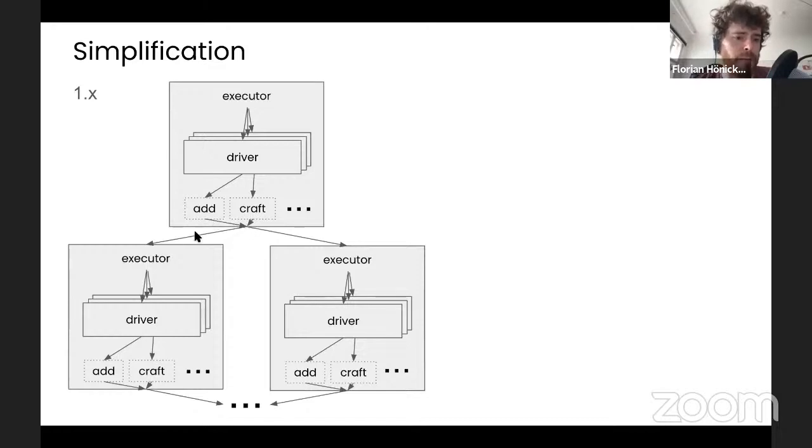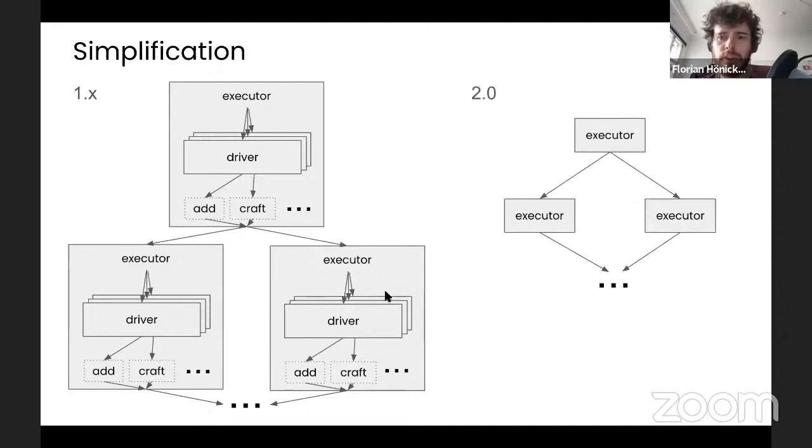Back then this totally made sense. Here it's just a copy of that one, so it happens exactly the same. But now to simplify the usage, at least from your perspective on the outside, it looks like this. Just have your executors and have your documents flowing through the flow.